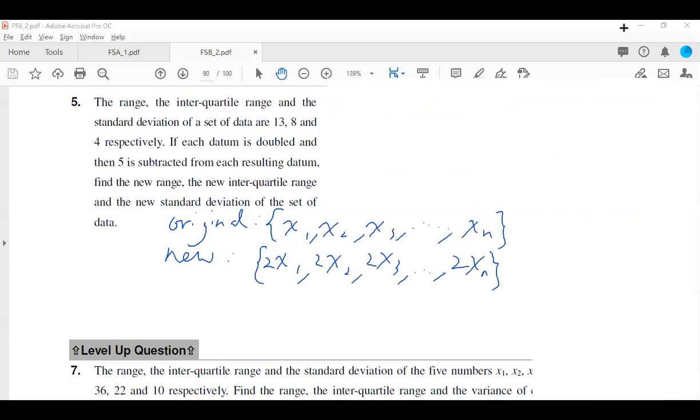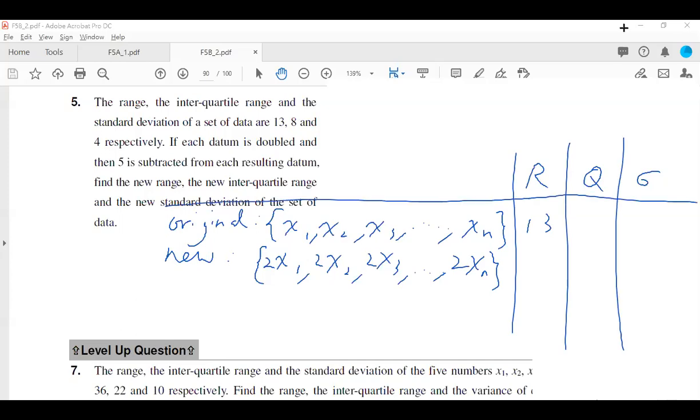So the original range, interquartile range, and standard deviation is 13, 8, and 4 respectively, right?